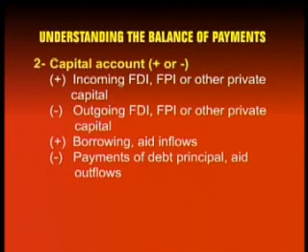Then any debt that Pakistan contracts from abroad, that is, if Pakistan borrows, let's say from the IMF or the World Bank, or in this case from the United States, then that money that comes in would also be recorded in the capital account. Also, if Pakistan receives any humanitarian assistance or grant aid, that is, money that does not have to be repaid by Pakistan, will also be recorded in this category under capital account.